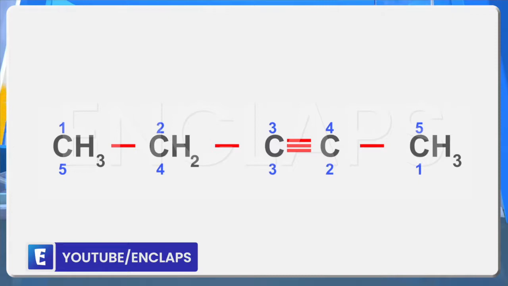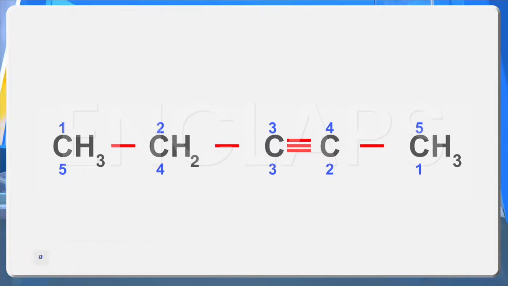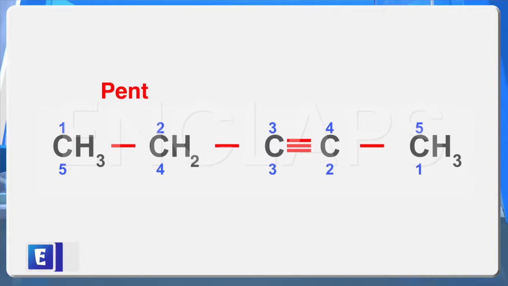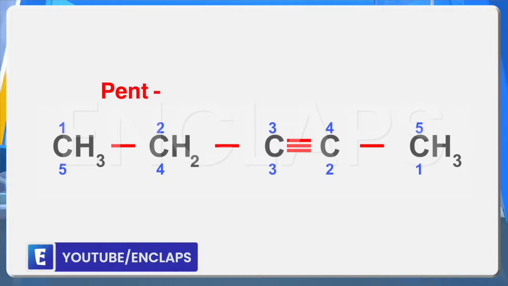What is the word root here? The main chain contains 5 carbon atoms. So the word root is pent. Then put a hyphen. Then we have to mention the position of the triple bond. Here the position of the triple bond is 2. So pent hyphen 2.